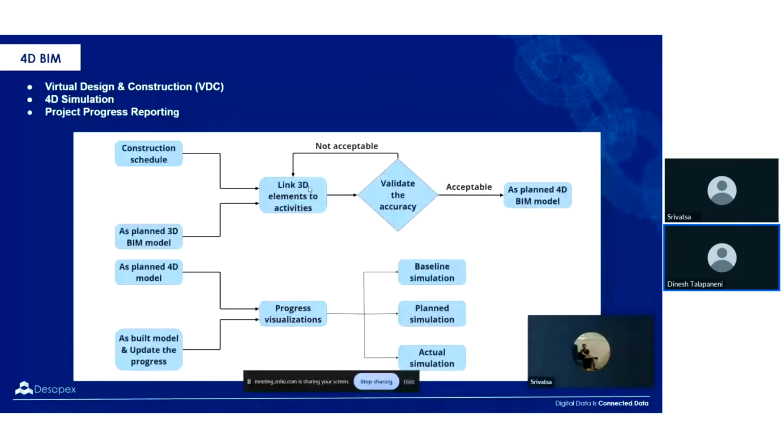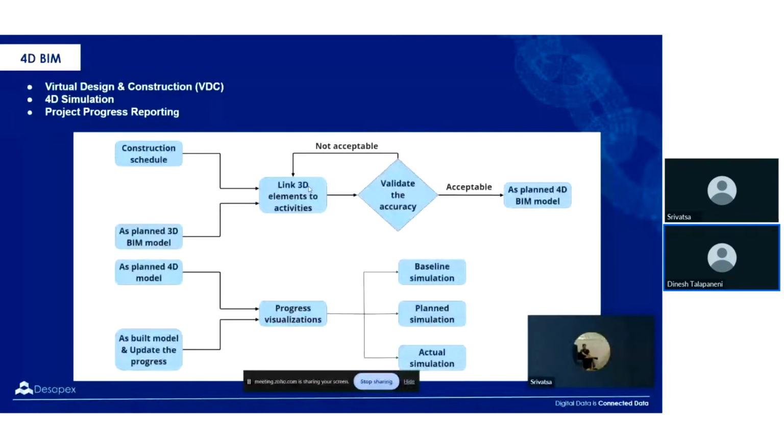When construction hits the ground, you have the 4D BIM model, you develop the activity, you update the progress, and progress visualization can be done. As I was talking about, you can have 3 different windows to run a graphical representation of what is being planned and what is the actual work going on site. So this is the entire workflow for 4D BIM.